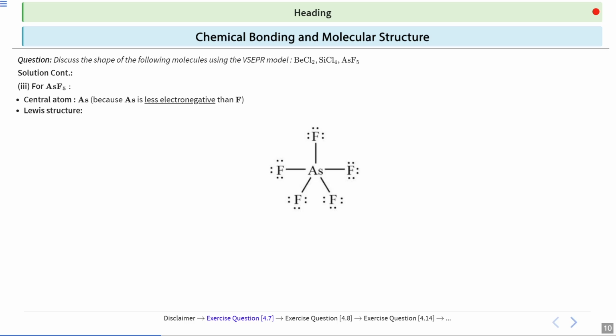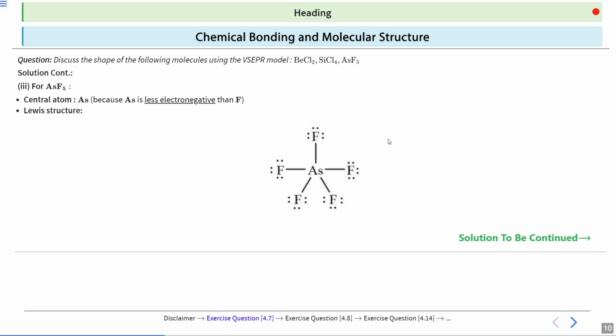Therefore arsenic will also have a valence electron count of 5. Now these 5 valence electrons will be used by each of the fluorines to make a single covalent bond. The group of arsenic is 15, therefore the number of valence electrons will be 5.